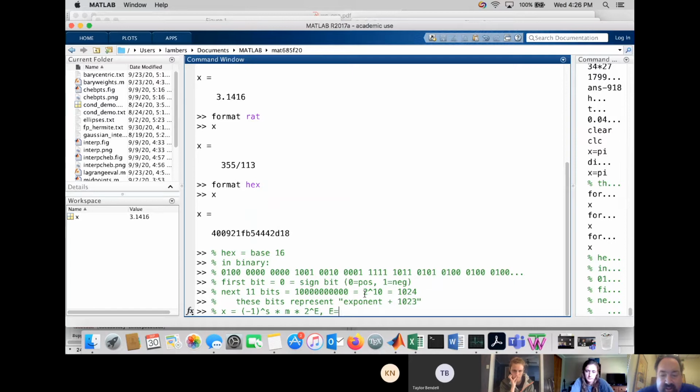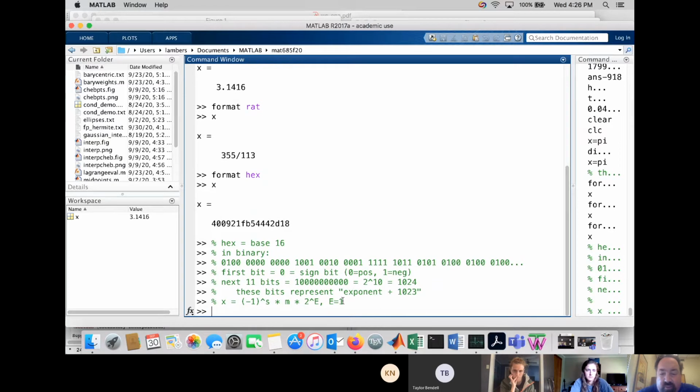In this case, e is this number minus 1023. So in this case, the exponent is just 1. Which makes sense because pi is 3.14, etc. So that's a number between 2 to the first and 2 to the second. Okay. So then the rest of these digits, the remaining 52 bits, that's all this stuff starting from here.